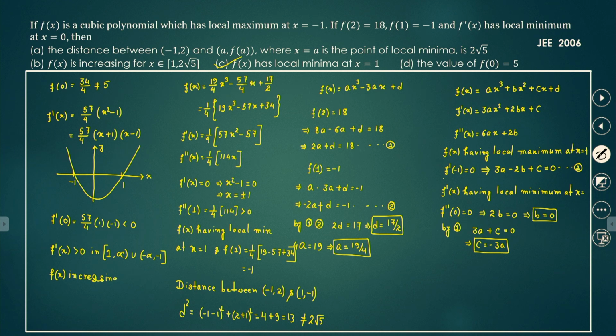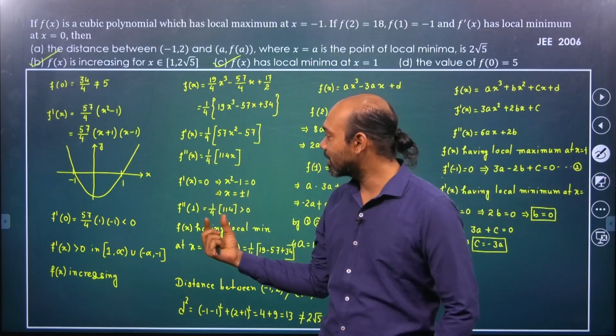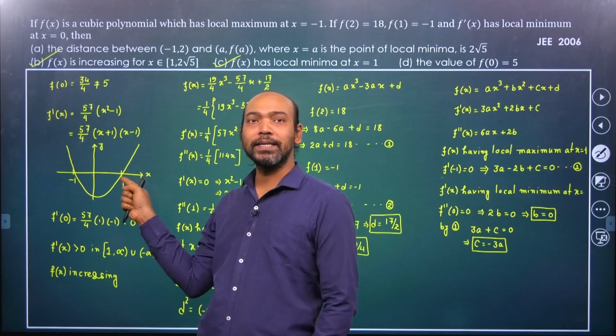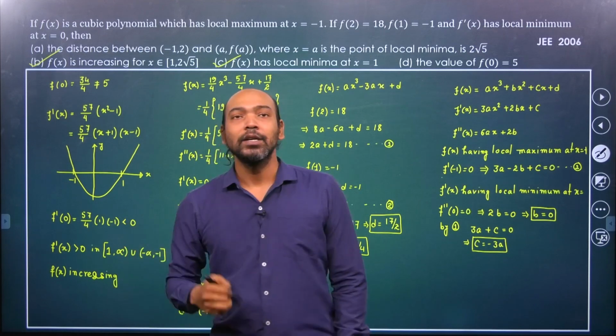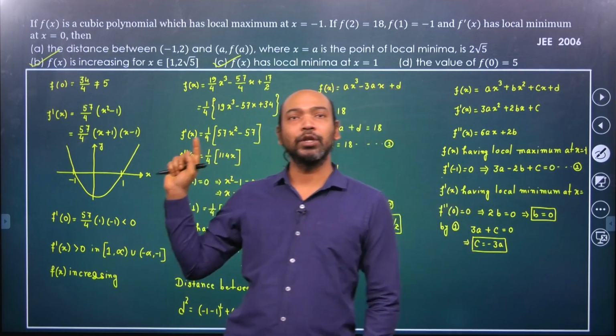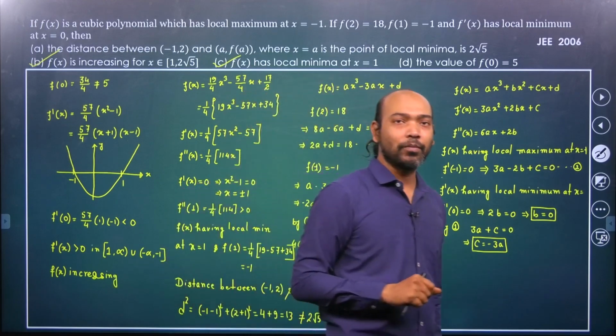So f(x) is increasing in this interval. So obviously you'll see that option B is also the right option. Why? Because 1 to 2 root 5 is actually inside that interval, right? 2 root 5 is obviously somewhere here. So that's why in this particular problem, option B and option C are the correct answers. Hope you understood the problem. Thank you.